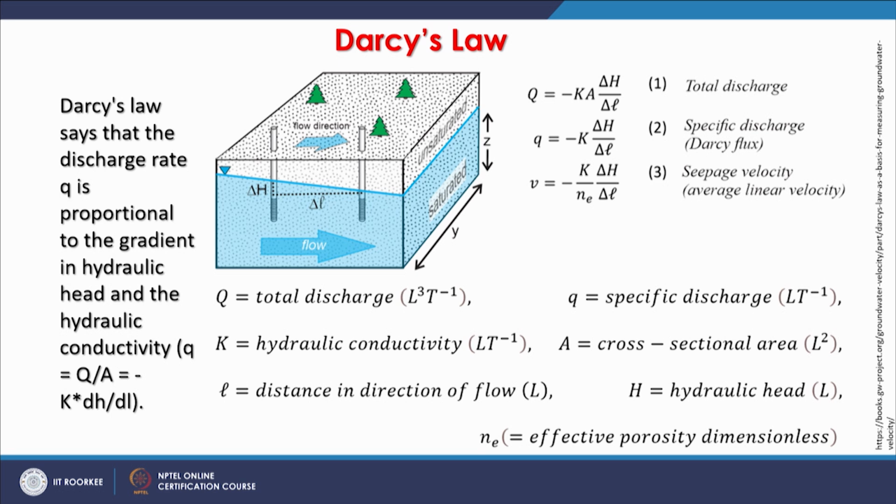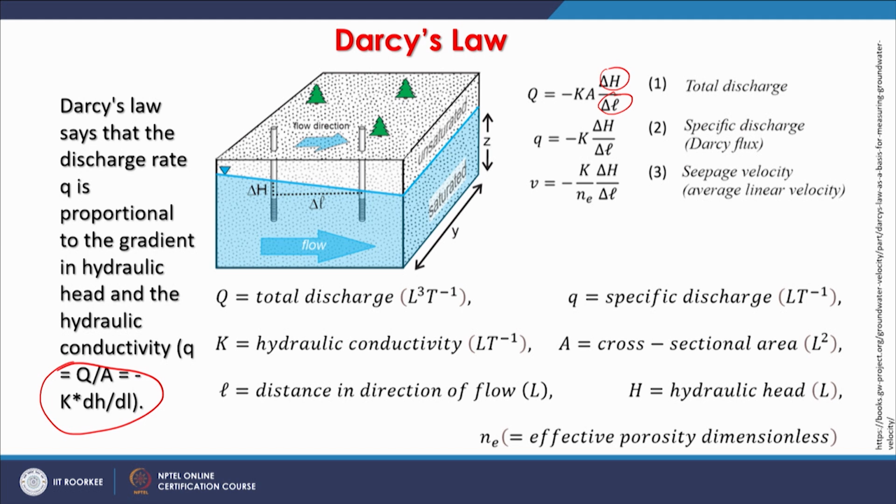Now, what does Darcy's law say? It says that the discharge Q is proportional to the gradient in the hydraulic head and the hydraulic conductivity. We have already written in the previous discussion that Q equals K A delta H upon L. Now, the same equation we can also write like this. Here we are writing delta H and delta L, the length.